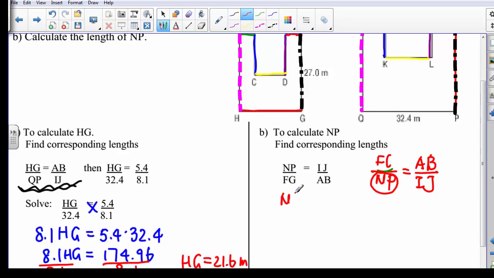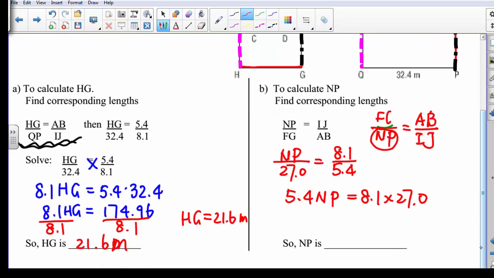NP over FG, FG is 27.0 meters. IJ is 8.1 meters. AB is 5.4 meters. I will use cross multiply. 5.4 times NP equals 8.1 times 27.0. 8.1 times 27.0 is 218.7, which equals 5.4 NP.